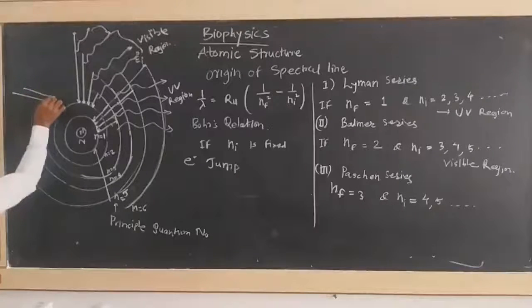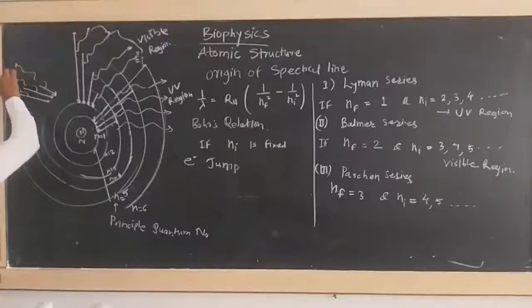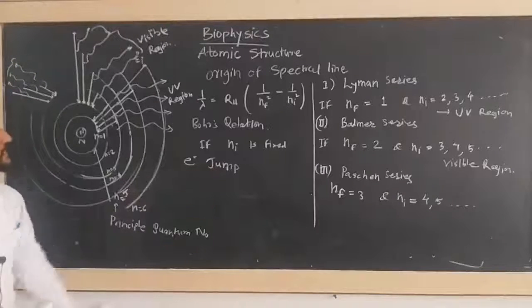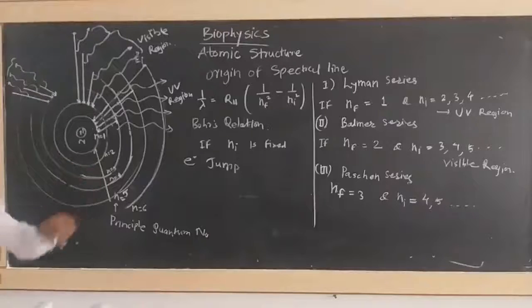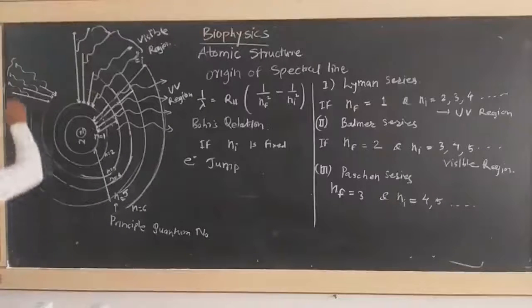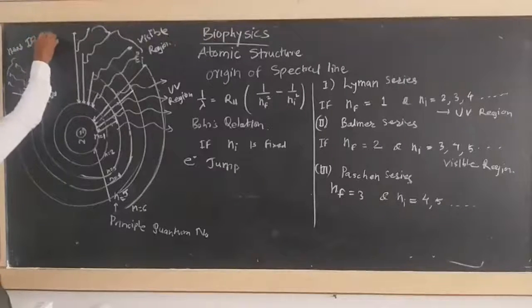During this de-excitation, the radiations are emitted, and this is called the Paschen series, and these electromagnetic radiations are in the near infrared region, near IR region.